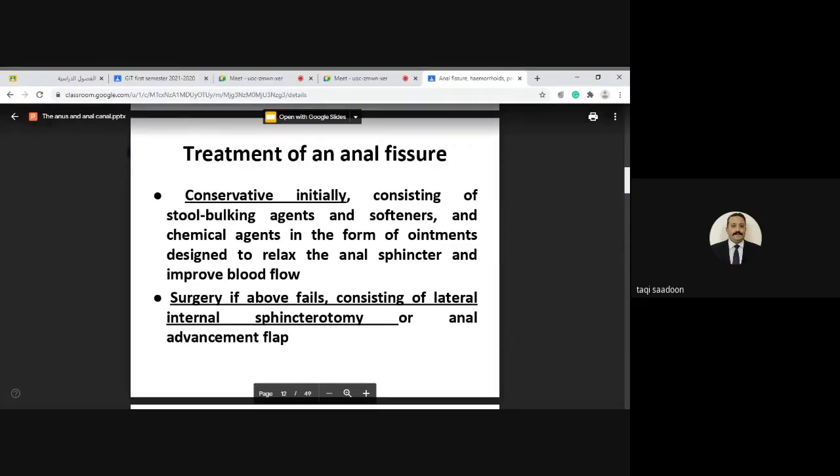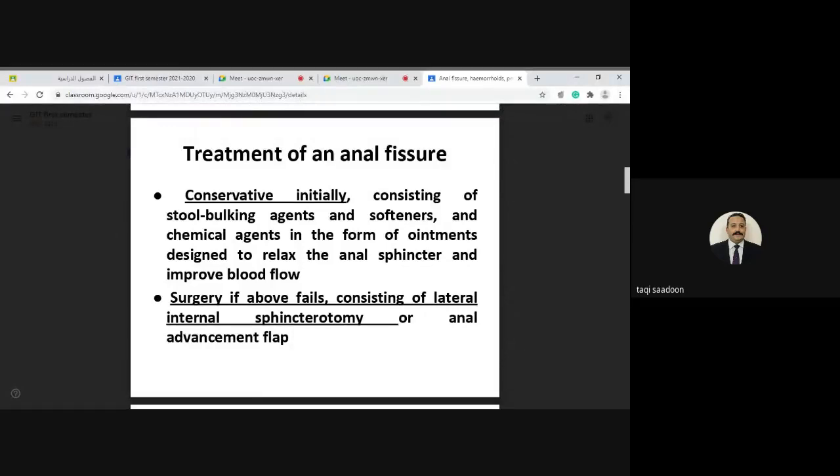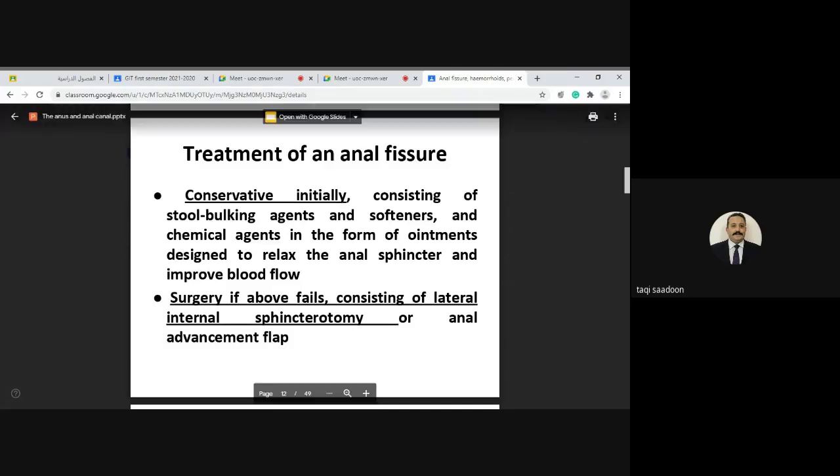Lateral, it means at 3 or 9 o'clock. هسه احنا عرفناها وين معناتها 3 o'clock و9 o'clock. تمام طلاب؟ نعم دكتور. We open only the internal sphincter. If you cut the external sphincter, the patient will end with incontinence, permanent incontinence. And this is a disaster. So it is only internal sphincterotomy by special knife, number 11, and at 3 or 9 o'clock, internal sphincterotomy.